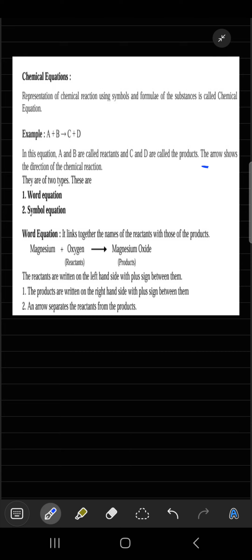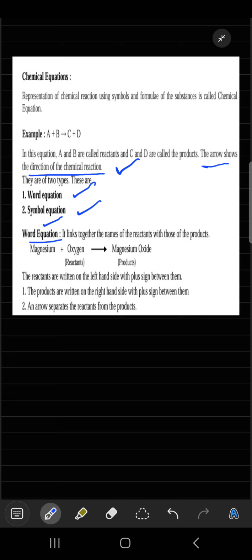And the arrow shows the direction of the chemical reaction. So the chemical reaction can be written in two forms, that is, in word equation and in symbol equation.